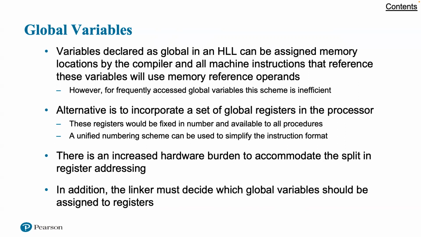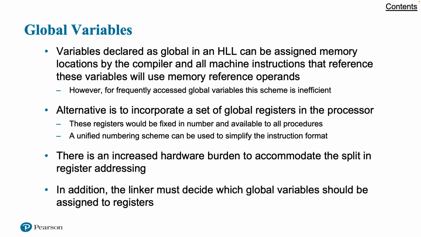First, variables declared as global variables in a high-level language can be assigned memory locations by the compiler, and all machine instructions that reference those variables will use memory reference operands. This is straightforward from both a hardware and software, that is compiler, point of view. However, for frequently accessed global variables, the scheme is inefficient.